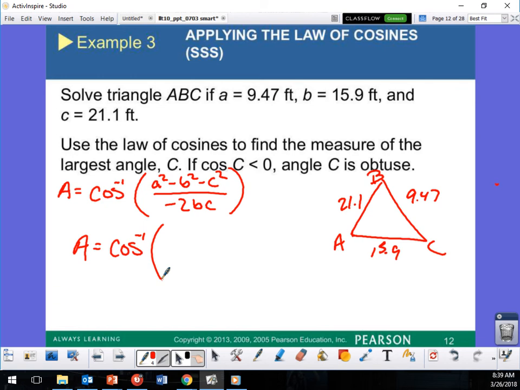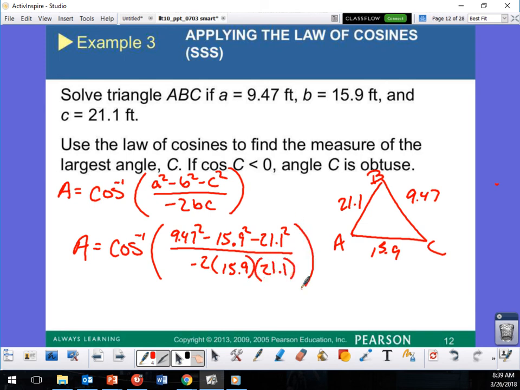So right here for this, given A, it's going to be 9.47 squared minus 15.9 squared minus 21.1 squared, all over my negative 2 times 15.9 times 21.1.